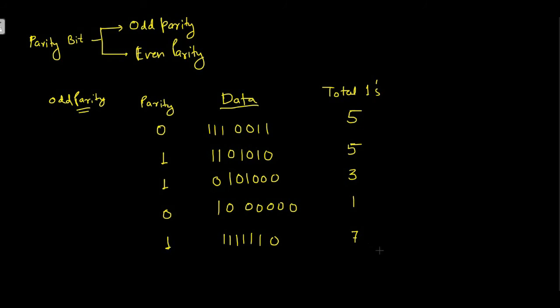So the data has 7 bits and the parity is 0, making a total of 8 bits. This 8-bit word is then transmitted and received at the receiver. At the receiving end, each 8-bit word which is received is checked to see whether the data contains an odd number of ones.